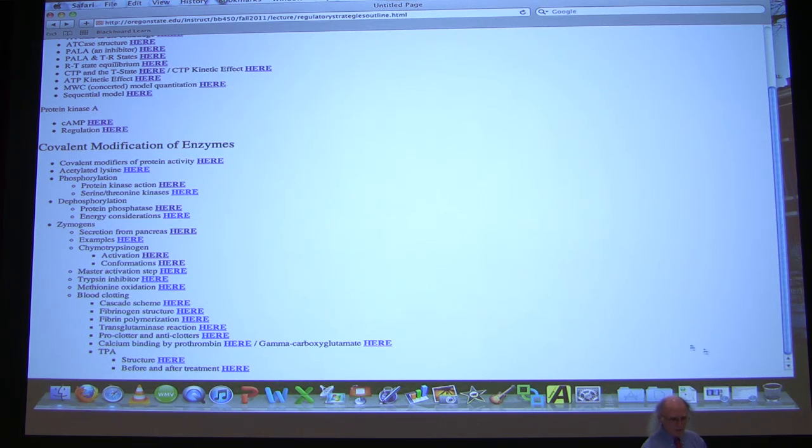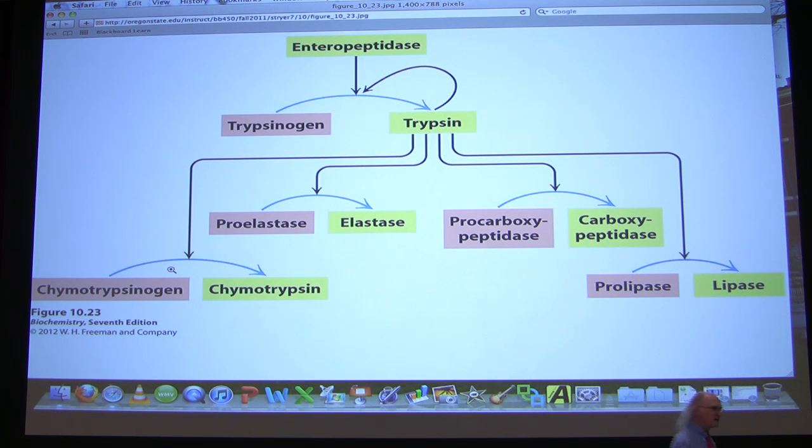Now, I got to tell you a cool story. Well, actually, before I tell you the story, let me show you also the bigger process. I've shown you the activation of one of these guys. It turns out that a bunch of the proteolytic enzymes in our body, as well as other enzymes in our body, in the digestive system, are all synthesized in the inactive form. Okay? Trypsin itself is synthesized as trypsinogen.